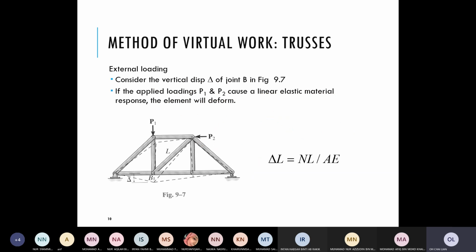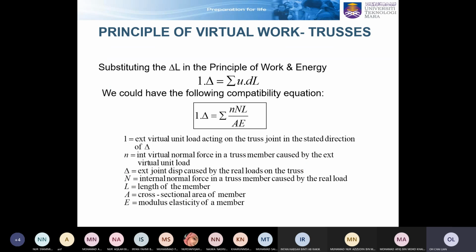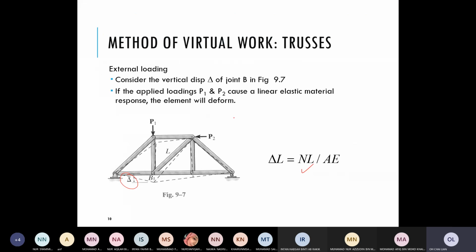So now, if you want to find the deflection, you use this equation. I'm going to show you in detail how to determine the deflection of the truss. If you look at this equation, why is it quite different?